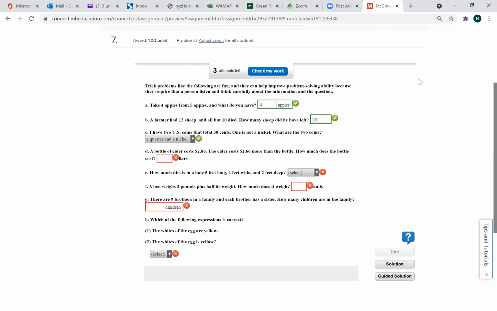How much does the bottle cost? I've got to think about this because this has tripped people up all the time.